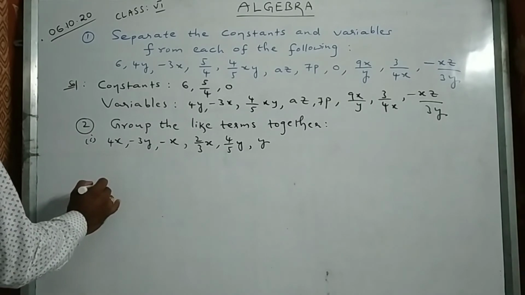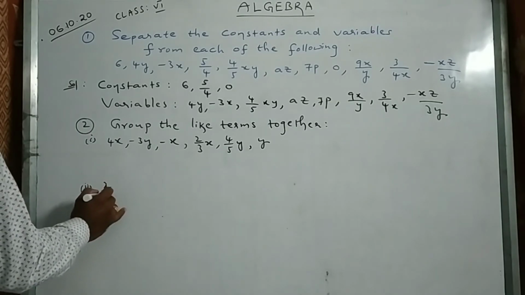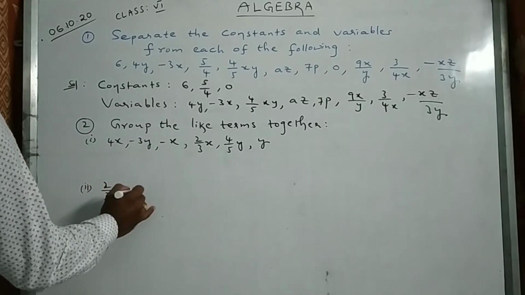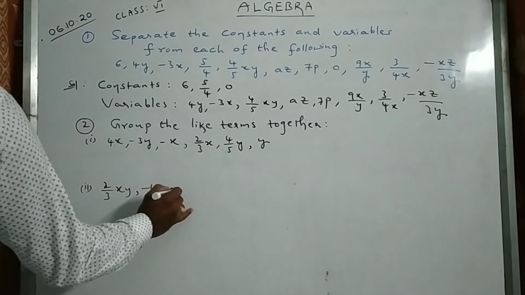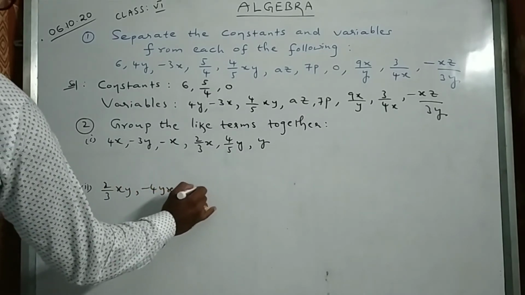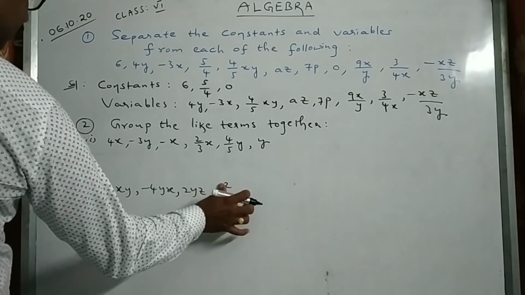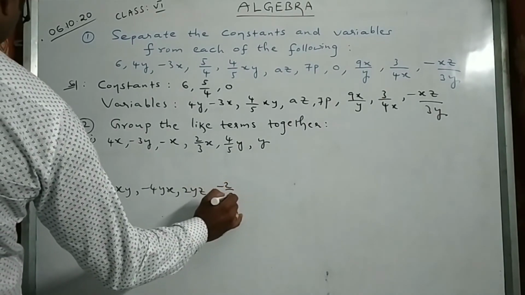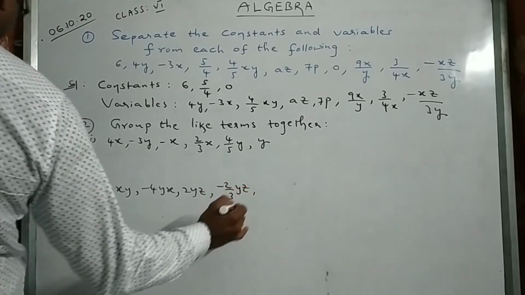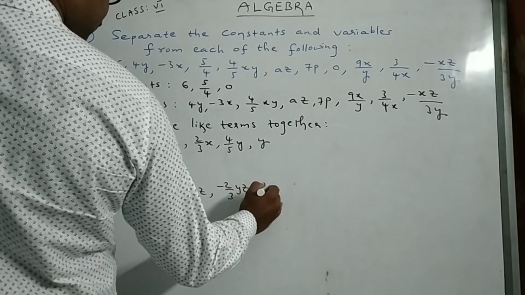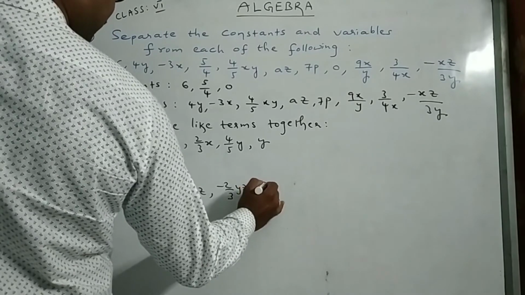Second, 2 by 3xy, minus 4yx, 2yz, minus 2 by 3yz, zy, yz or zy both are same.